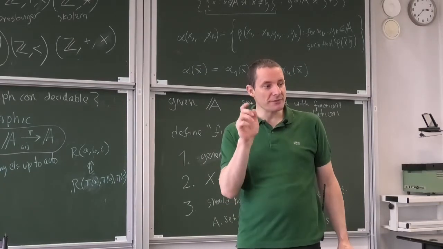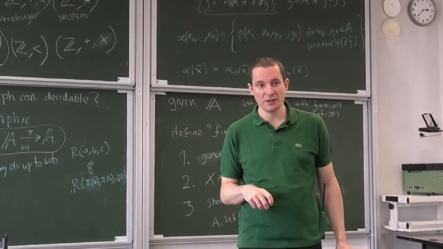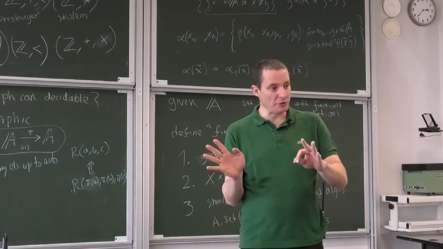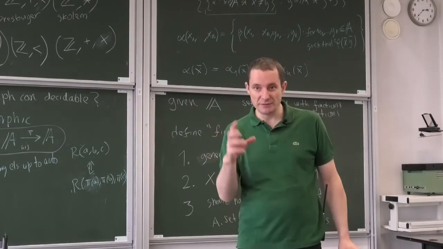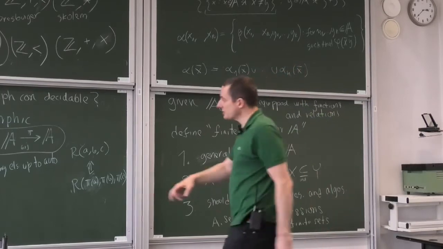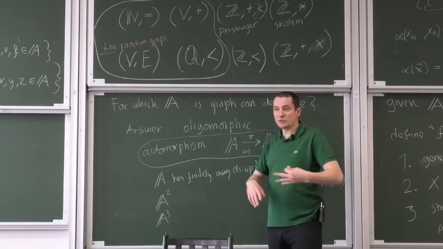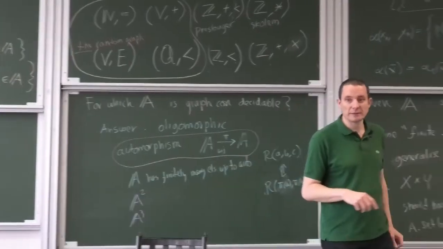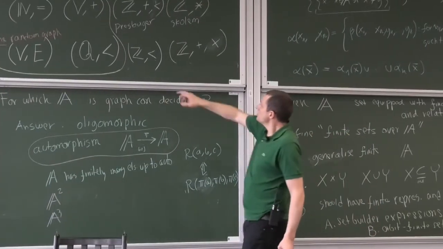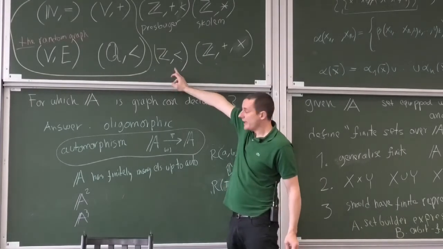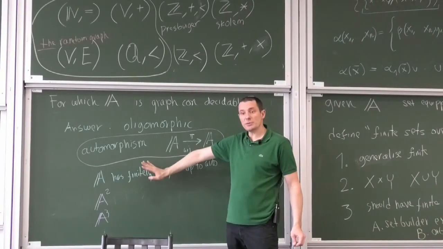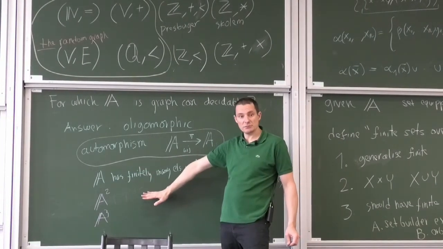Up to automorphism, there are finitely many pairs of elements. Of course, the number of pairs of elements up to automorphism is bigger than the number of elements. Yes? As the power grows, the finitely many also grows, but it has to be always finite. Okay?